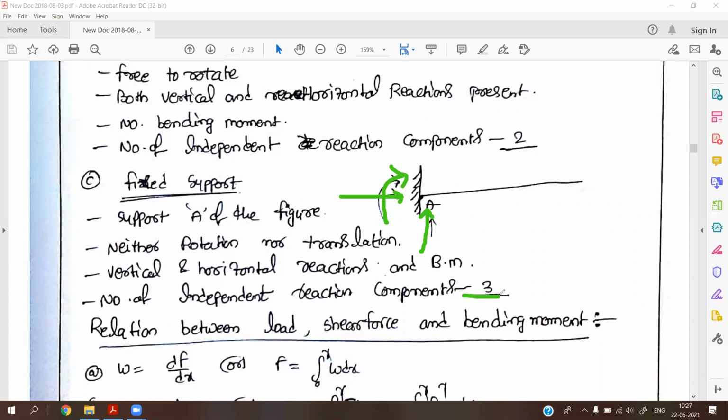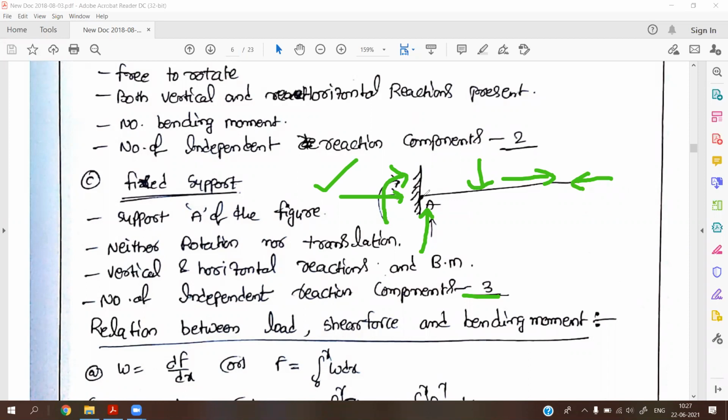So in a fixed support we generally have three reactions. First, a vertical reaction, because the support A does not move in the downward direction because of its rigid support. Second, due to the rigid support, the beam should not go in this direction or this direction, so it offers a horizontal reaction. And also, due to the bending of this nature, the joint A does not rotate.